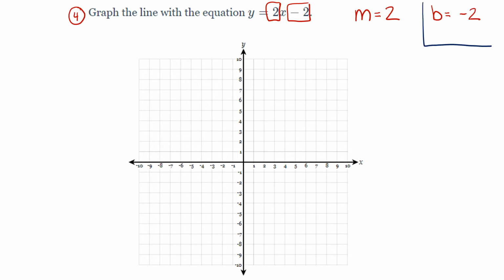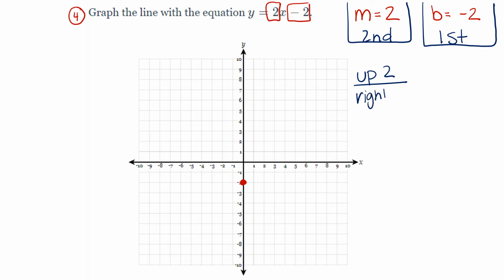When we are graphing our equations, the b value, the initial value, or the y-intercept, always gets graphed first. So put a point at -2 on your y-axis. The rate of change, or the slope, is always graphed second. Because it's a positive 2, positive means we're going to go up 2, but because we don't have a denominator, we're just going to go to the right 1.